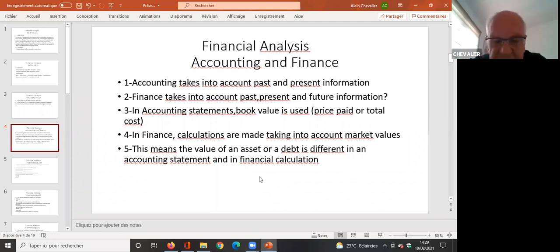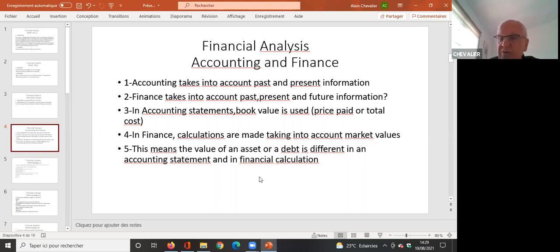You know that all these equipments, non-current assets, like equipment at least, are submitted to depreciations, which are supposed to follow the decrease in economic value of these equipments.